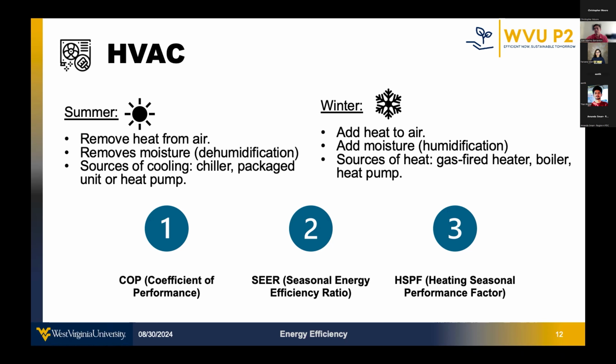This measures the cooling efficiency of air conditioning systems. It's calculated by dividing the cooling output in BTUs by the total electrical energy input in watt-hours during the cooling season. So higher SEER ratings indicate more efficient cooling, which means lower energy consumption for the same level of cooling output.